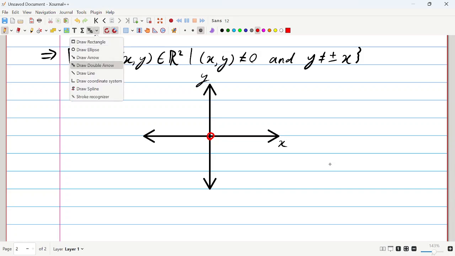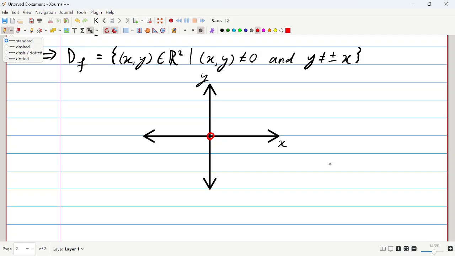And now for this one over here, I'm going to do the straight lines, which are y equals x and y equals negative x. I'm going to quickly make it a dotted line, an arrow, and it's going to look something like this. So y equals positive x will look something like this, and then y equals negative x will look something like this.